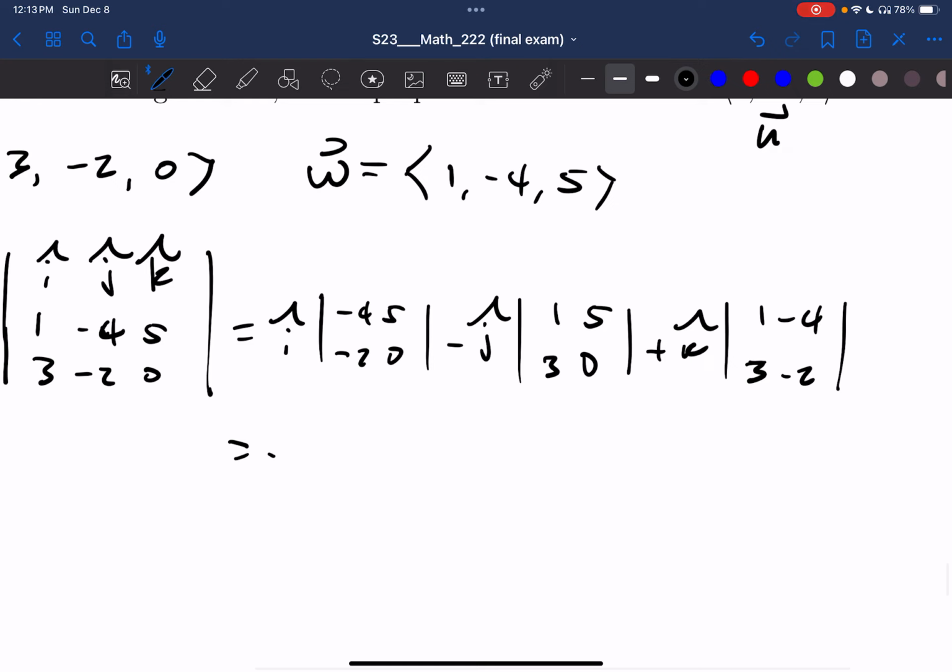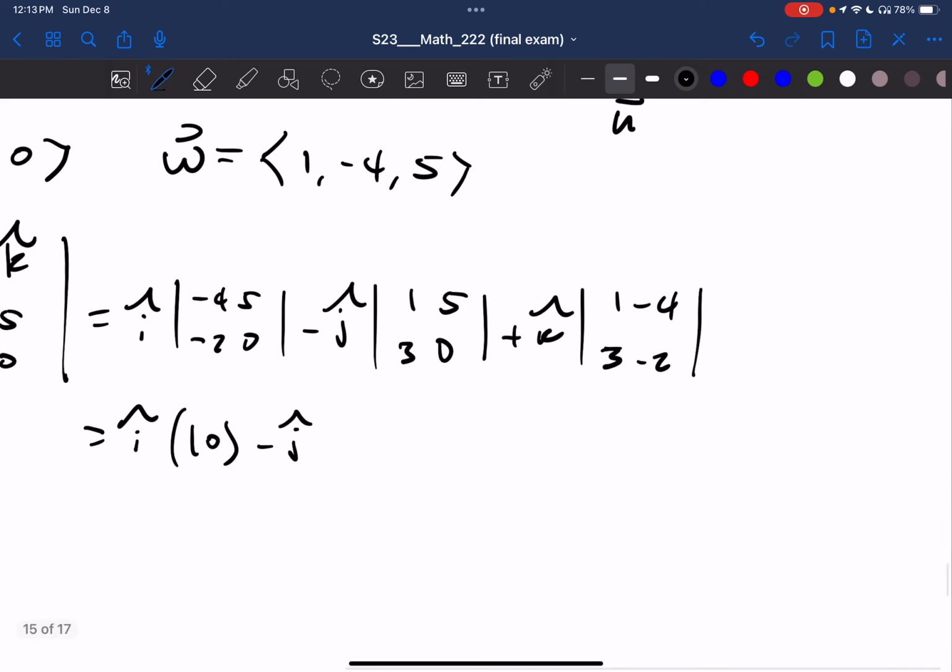This will be equal to i. Okay, so -4 times 0 is going to be 0, and then -2 times 5 is going to be -10, minus a negative, so a positive 10, minus j. 1 times 0 is 0, 3 times 5 is 15, so -15 inside, making it positive 15.